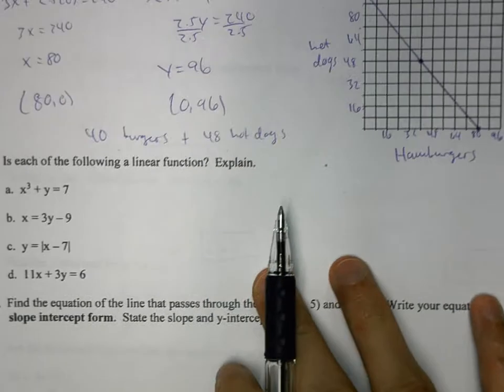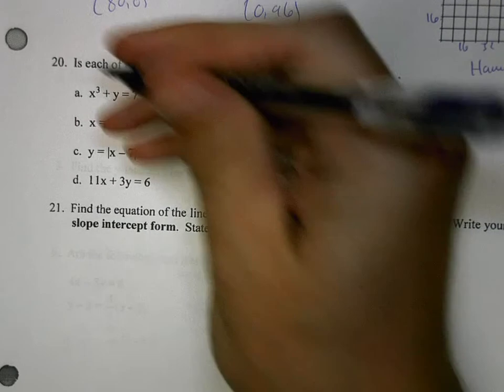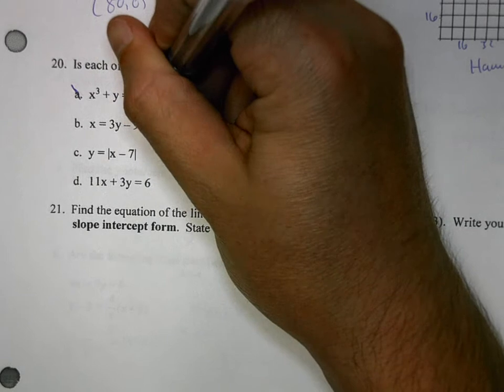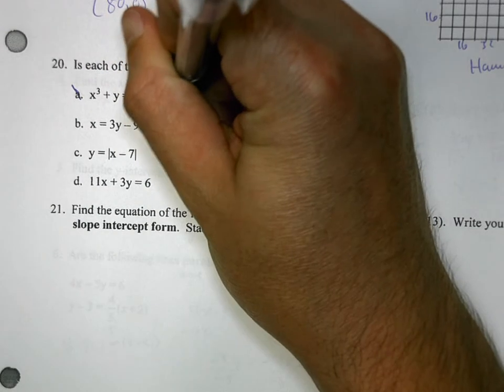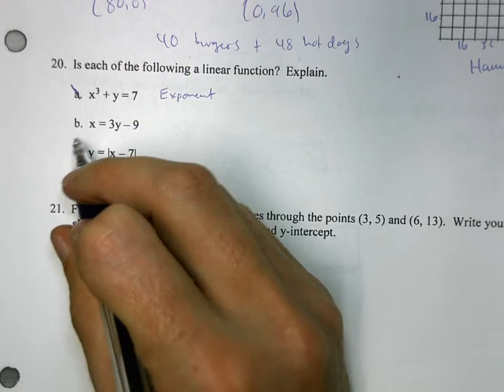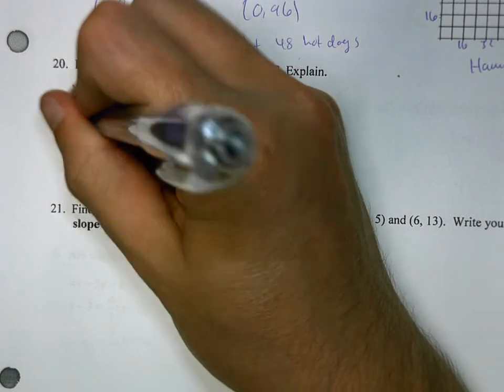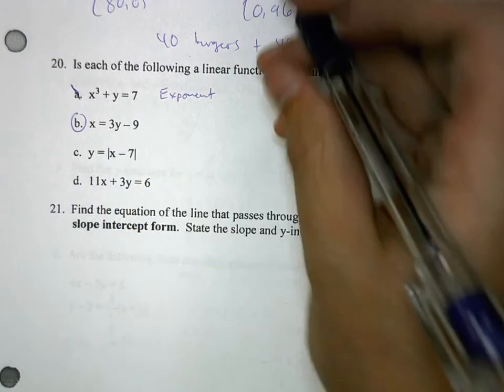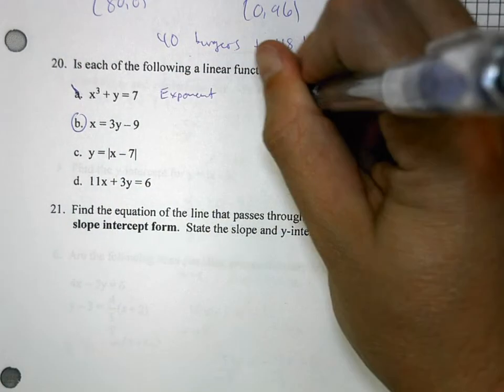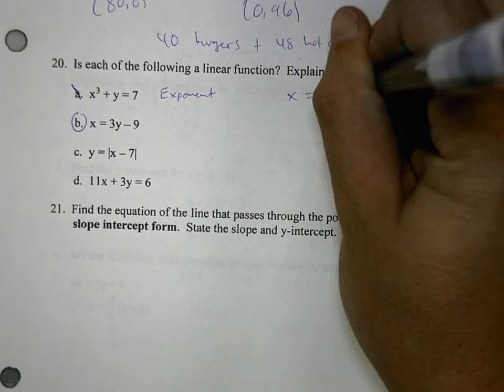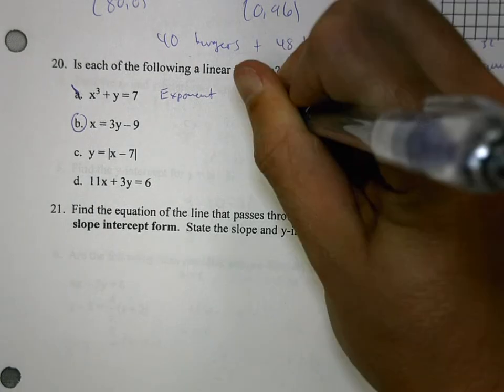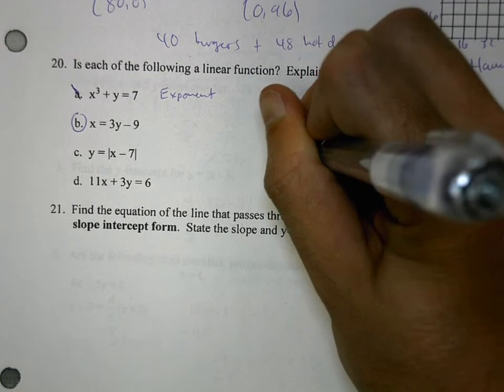Number 20. This is not a linear function because it has an exponent of 3. B is a linear function. If I were to change this to standard form, subtract 3y from both sides, I'd get x minus 3y equals negative 9.